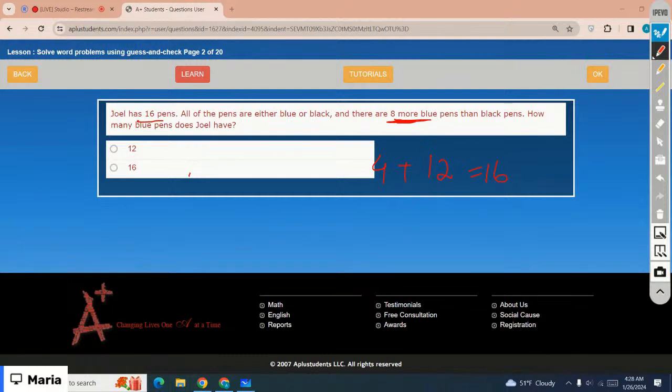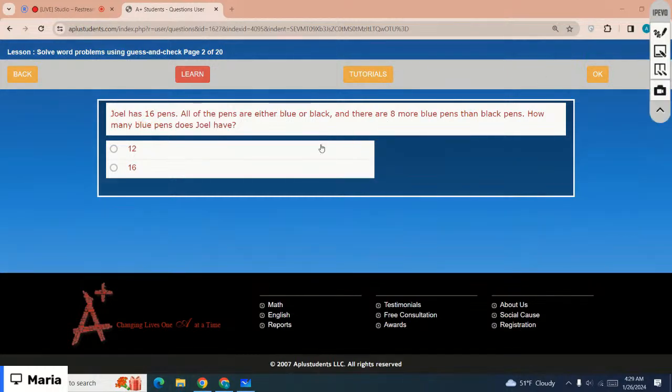Blue pens are 12 and black pens are 4 because blue pens are 8 more than black. So 8 plus 4 is 12. The correct option is 12. Think and then answer, right? They are very easy. You just have to understand the question and then solve.